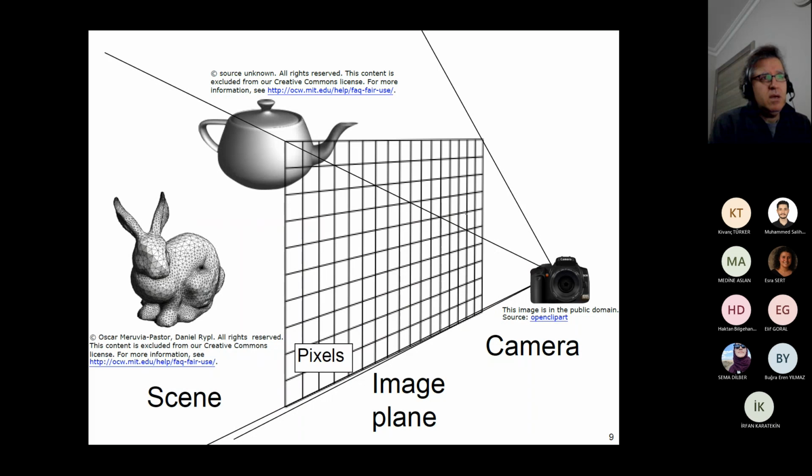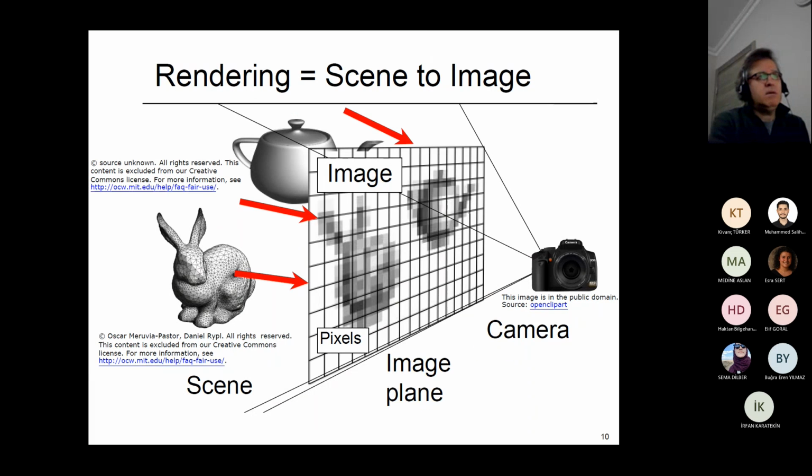And this can be done through either rasterization, as we discussed the other time 2 weeks ago, or you can also do raycasting, and again we are going to talk about raycasting today.